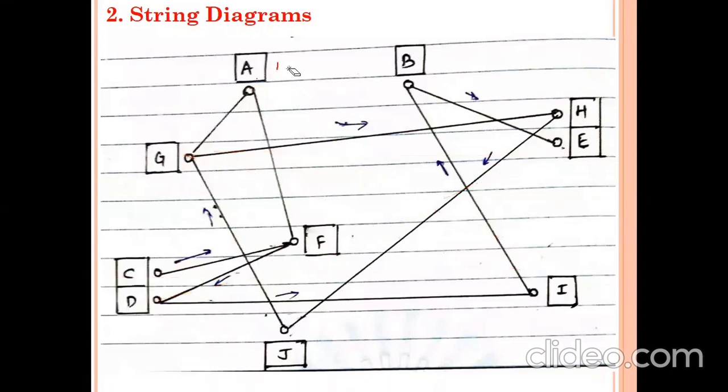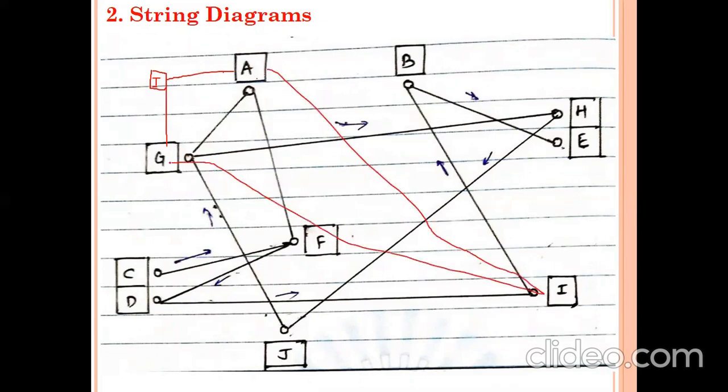In that case, what can we do? If machine A is there, here only we can put the I machine immediately. So what happens is that if more jobs are going from A to the I machine, immediately from A to I it will go, and from I to J it will go. This will reduce the distance, instead of going from this point to that point and coming back from that point to this point.